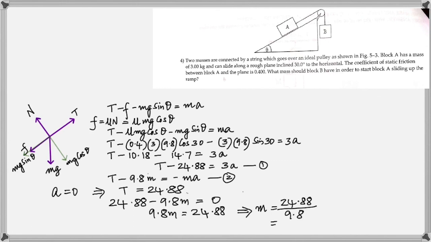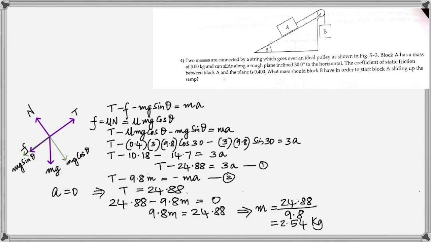And in that case, the acceleration is not 0. So either the acceleration will be given, and you'll have to plug in the value to solve the equations, or solve the two simultaneous equations to get both the tension and the acceleration. So remember that there could be different variations of this.